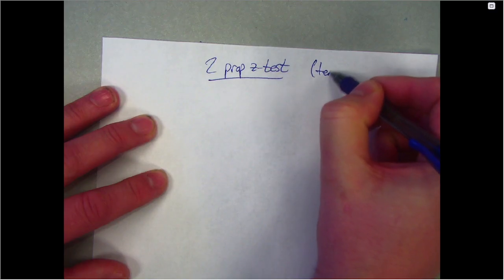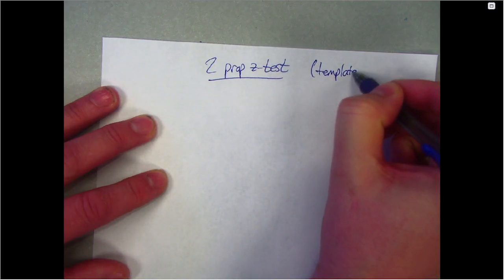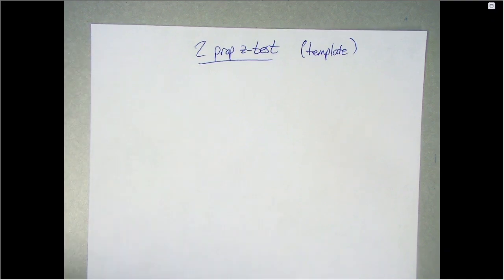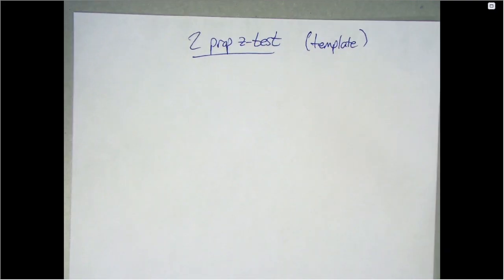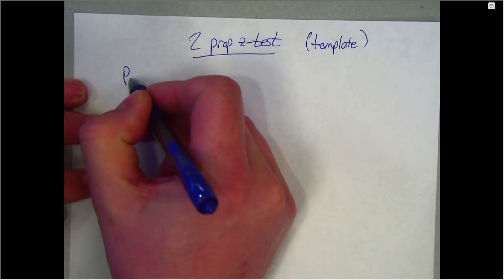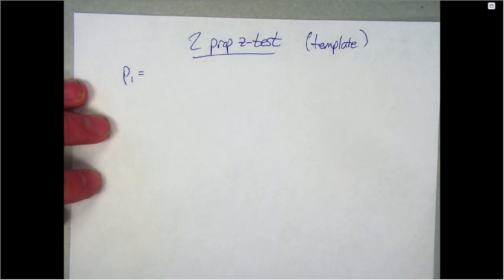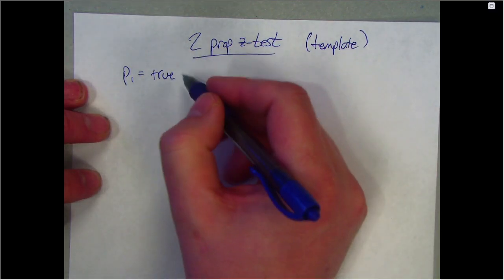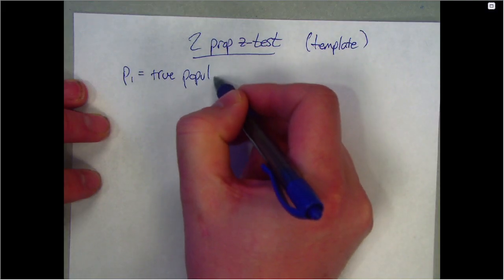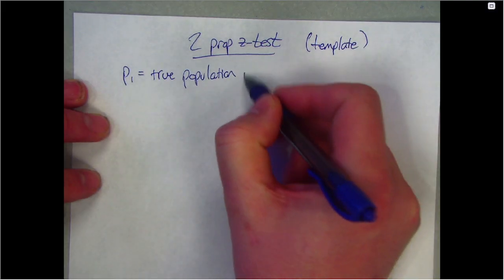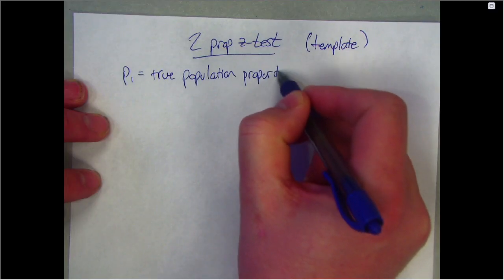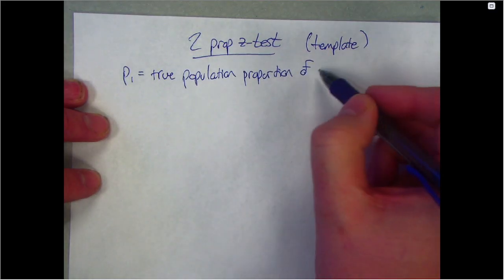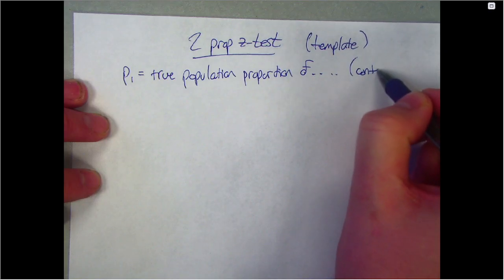Z-test. Just kind of realized this now, but it might be helpful to write "template" at the top, because you have a bunch of these, they all kind of start to look the same. Maybe "template" helps you find the one you're looking for. So it'll be like P1 or PA or P14, the true population proportion of whatever context.